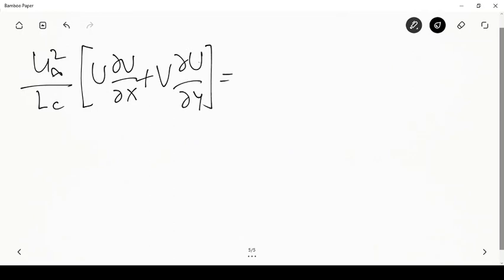This is equal to, let us write down the del p by del x as it is. We'll normalize it a little later. So 1 by rho del p by del, I'll write it as capital X and write an LC here.